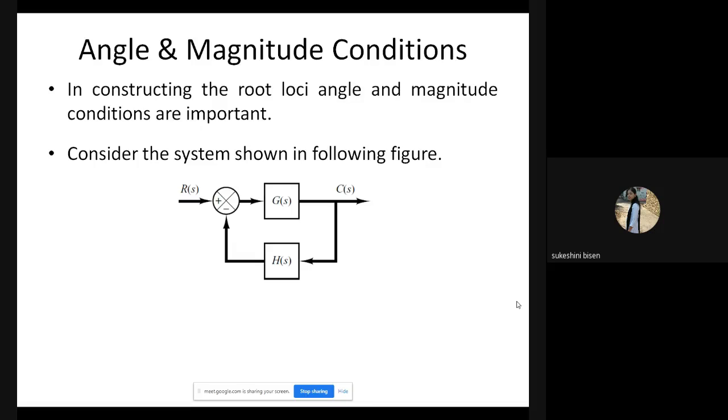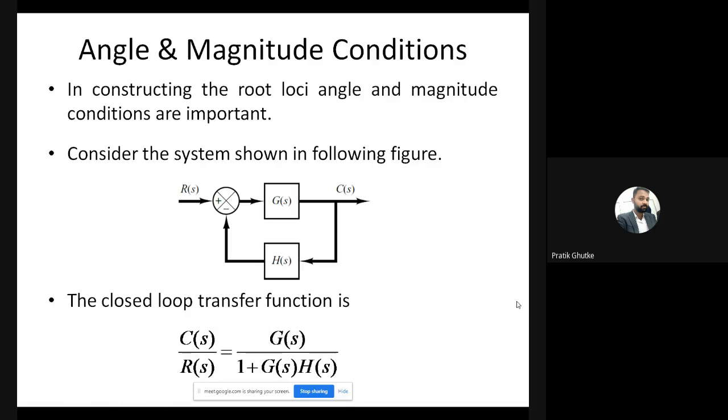Sir, if it is positive feedback, it is 1 minus G S H S, and if it is negative feedback, then it is 1 plus G S H S. Tell me in a mathematical formula, C of S by R of S equals to G S divided by 1 plus G S H S. Yes, exactly.